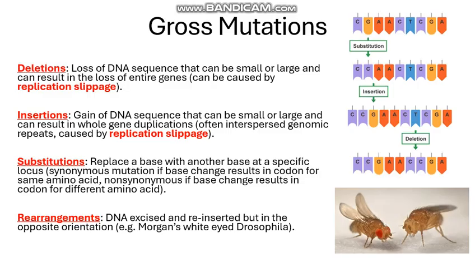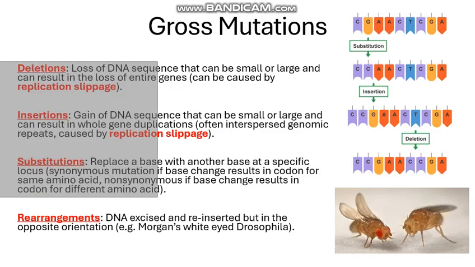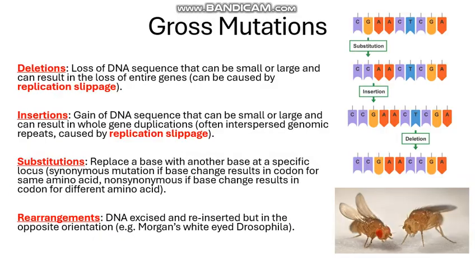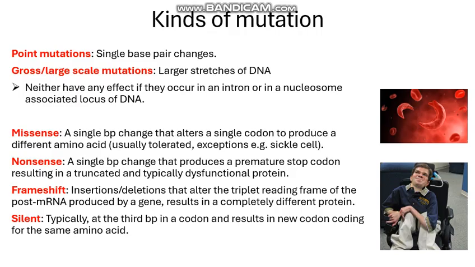I don't think rearrangements can be, but these three can all be point mutations, and you also have gross or large-scale mutations, which are these things but applied to larger structures of DNA. Neither have any effect if they occur in an intron, which is a non-coding region of the genome, or in a nucleosome-associated locus of the genome, because these regions are transcriptionally repressed.